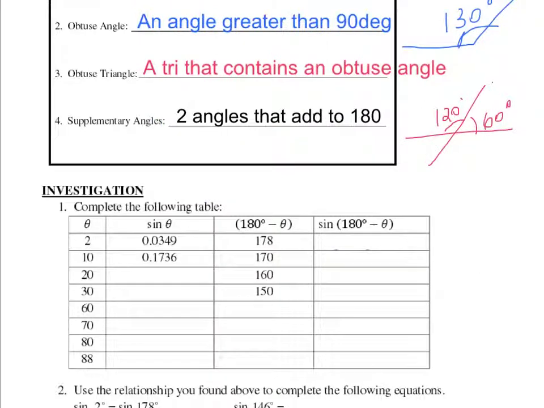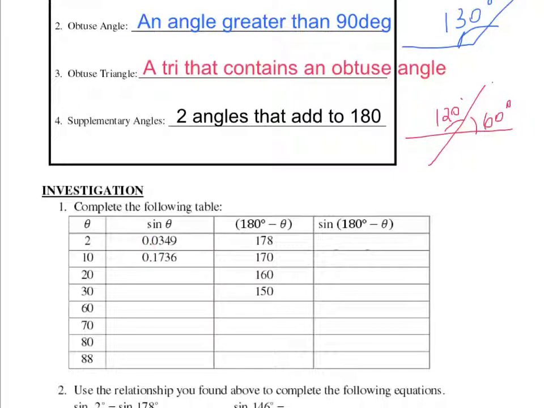Okay, so let's take a look at this investigation in terms of the sine ratio. So over here on the left of this table, we have theta, which is a value of different angles. So this is an angle of 2 degrees, 10 degrees, 20 degrees, etc. Over here we have the sine theta. So what I've done is I've punched in sine of 2, which equals this.